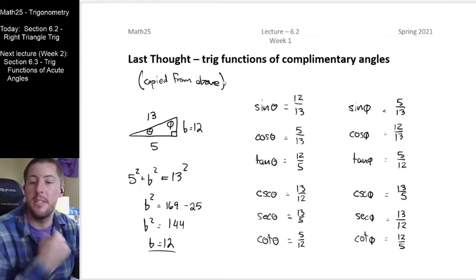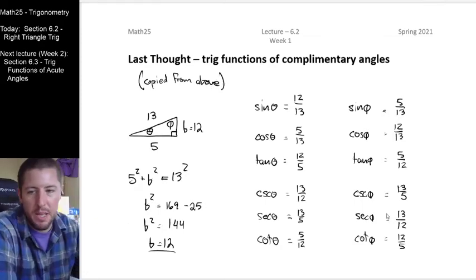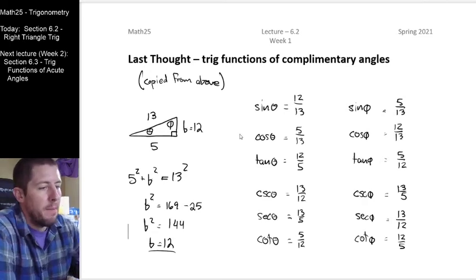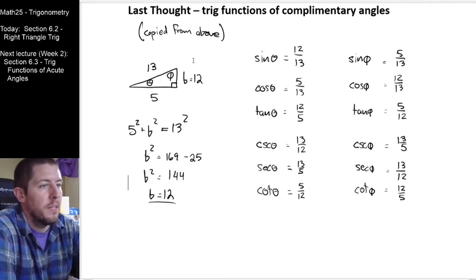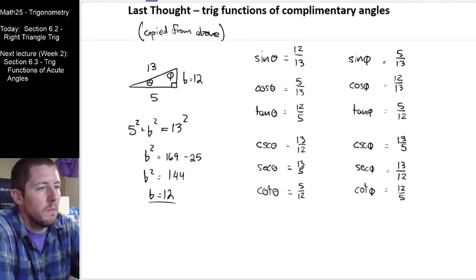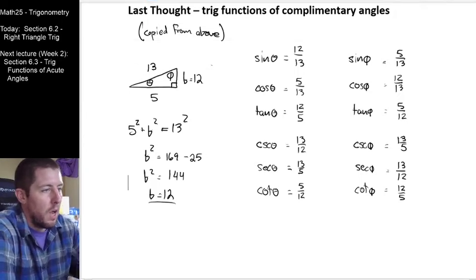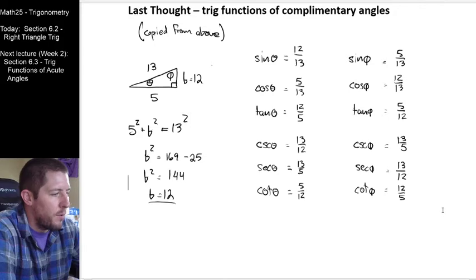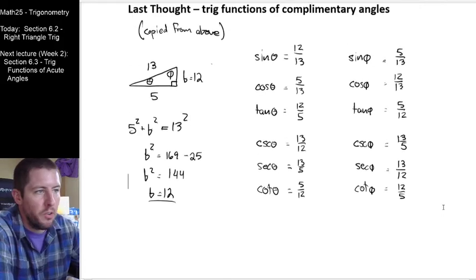All right, so what I want to do is really talk about these relationships that we're seeing in here. I'm going to switch colors of my pen so that I can keep this stuff distinguished. I was using some purple earlier, and I'm going to use some green now.